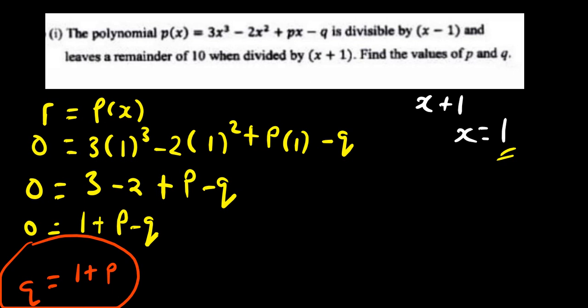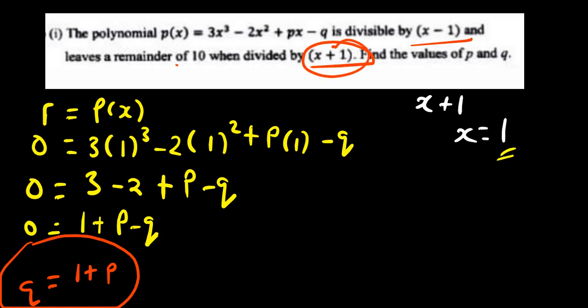Now how do you find the other equation? They've given us a condition here. If this expression is divisible by x minus 1, it leaves a remainder, and it leaves a remainder of 10 when divided by x plus 1.